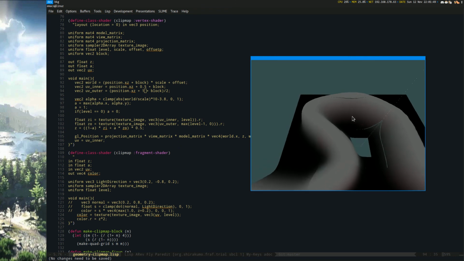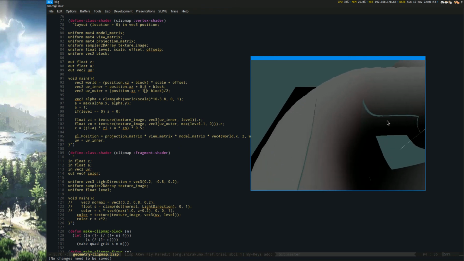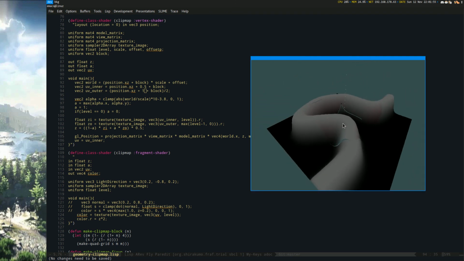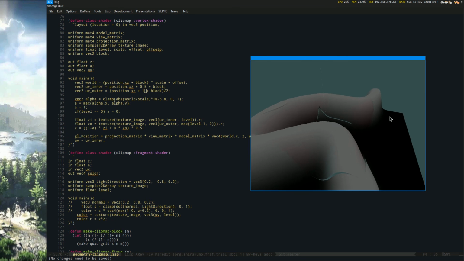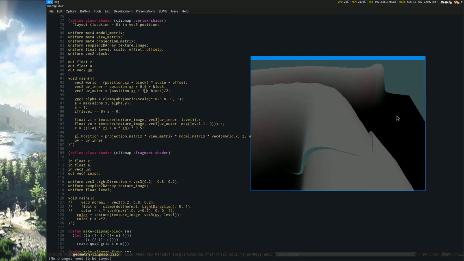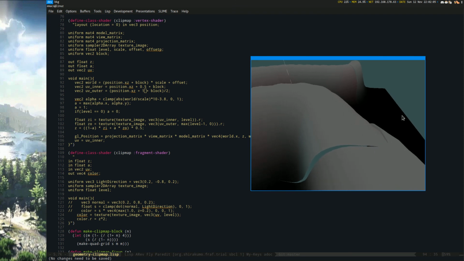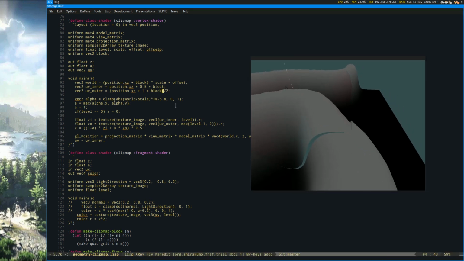I mean, it's still not perfect, but at least somewhat now. I think this is now a 1 block offset. That's not right.